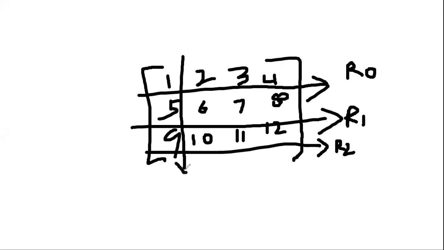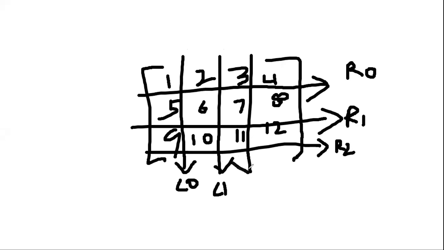So this is column 0, C0, this is column C1, that is column 1, this is C2, and after C2 comes C3. Let us assume the created array is Q.